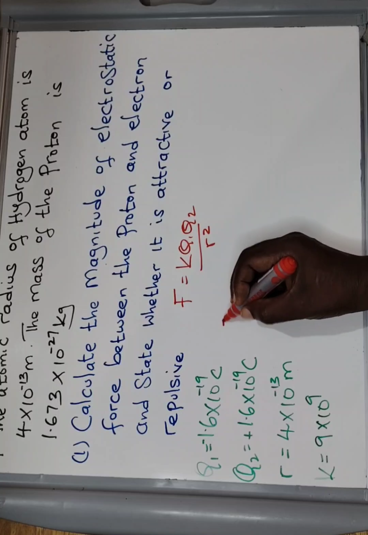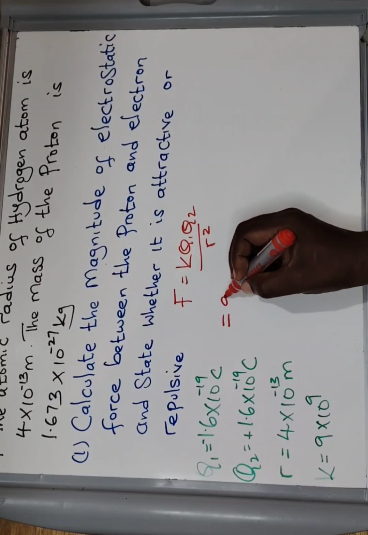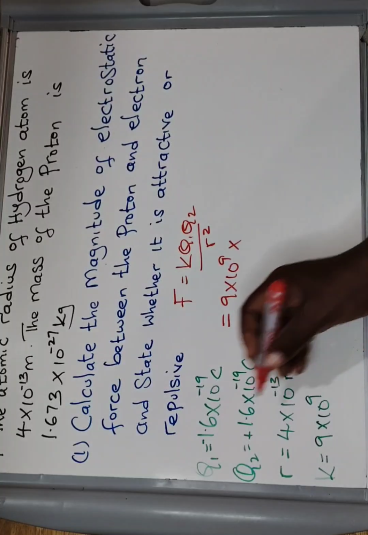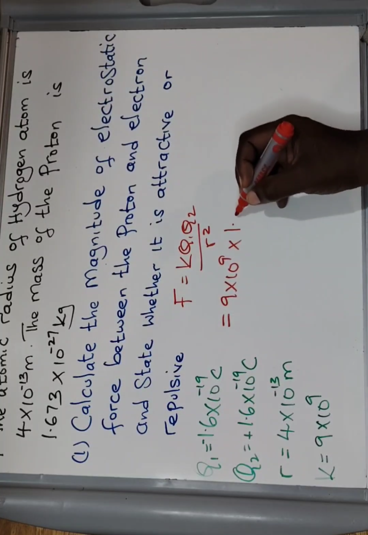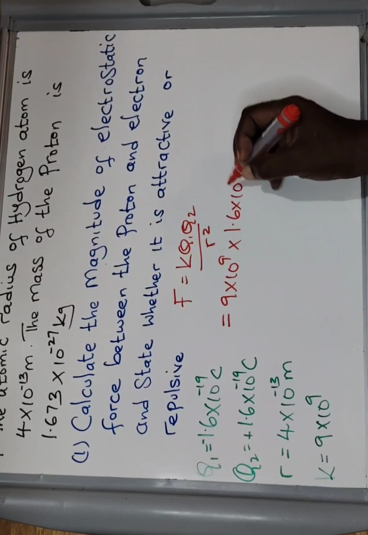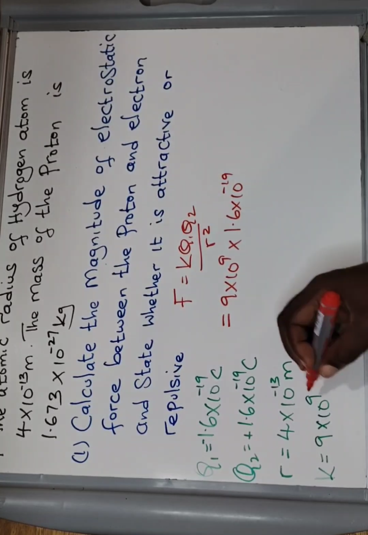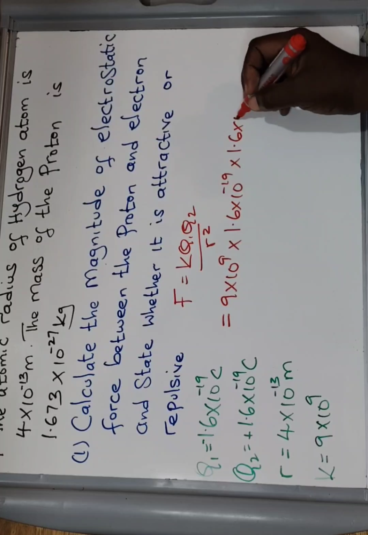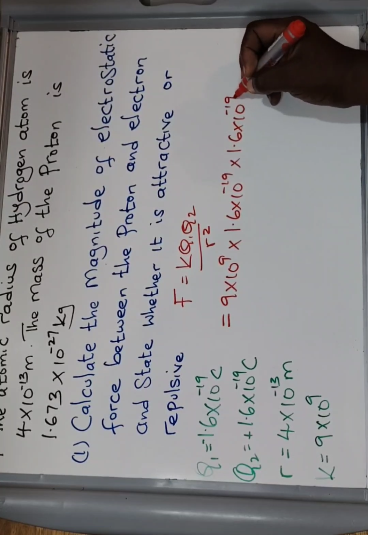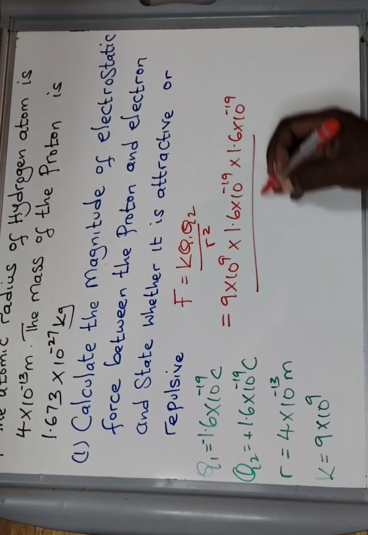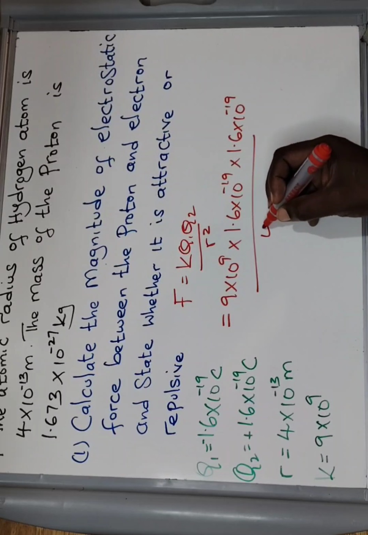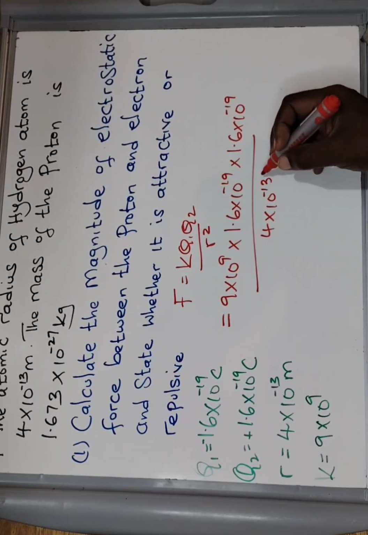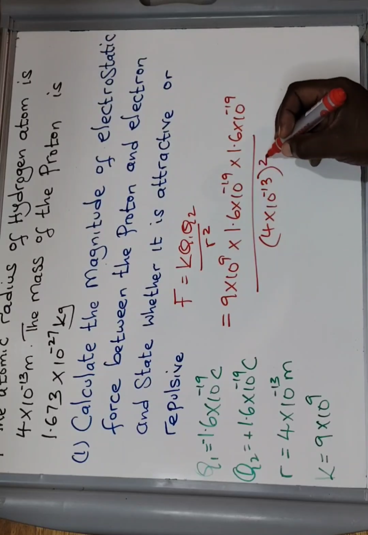When we substitute, we have K, which is 9 times 10 power 9, and Q1, which is 1.6 times 10 power minus 19, then Q2, which is 1.6 times 10 power minus 19, all over the distance, which is 4 times 10 power minus 13, all squared.